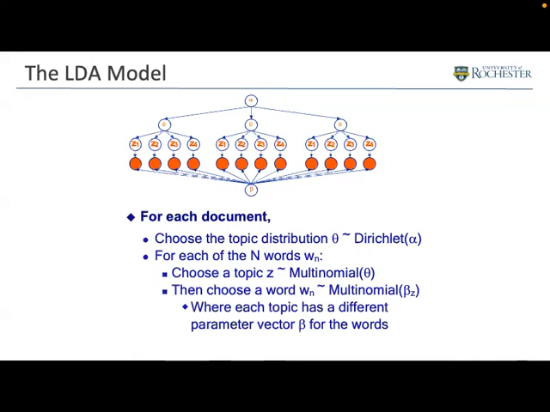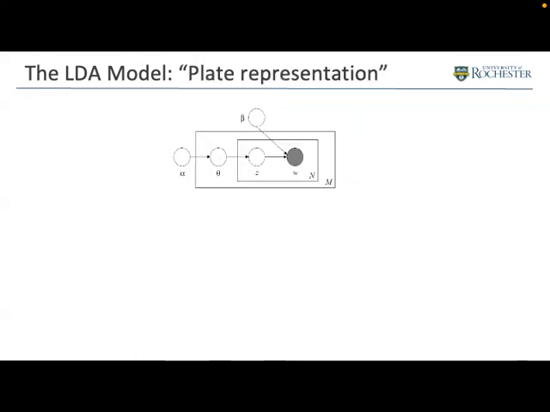And then we can choose a specific word, and this word will follow the multinomial distribution by the beta, and each of the topics will have a different parameter vector beta for the words. So the whole LDA model is like we first have the alpha, and based on the alpha, we can have the priors, and we can generate the theta.